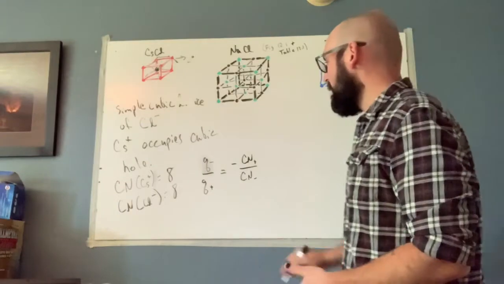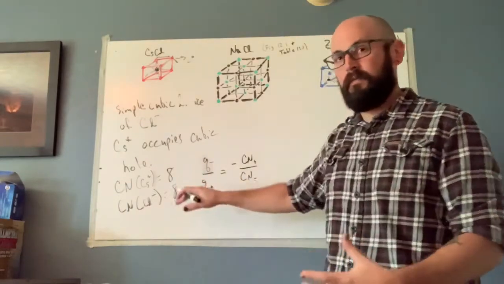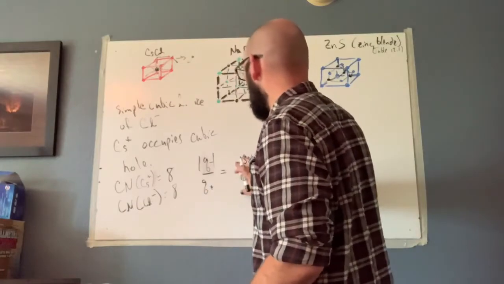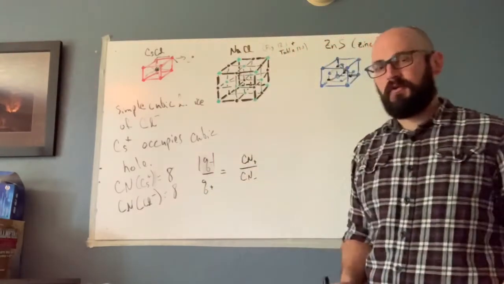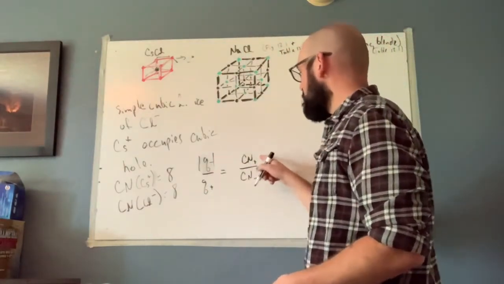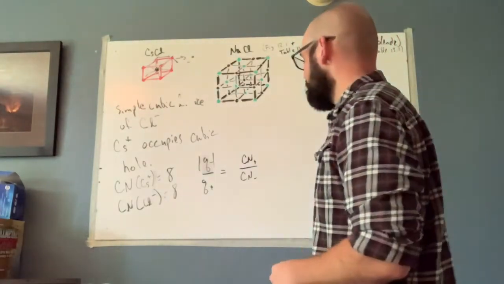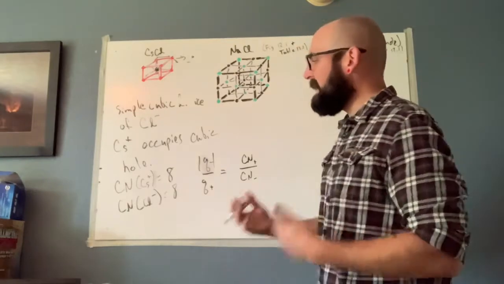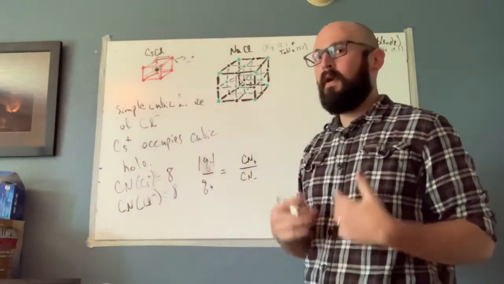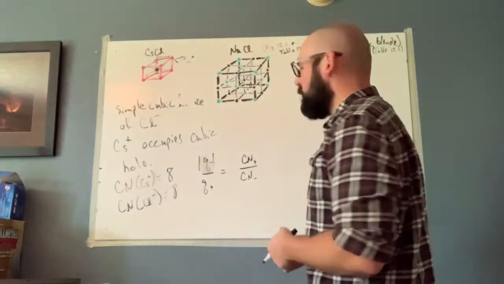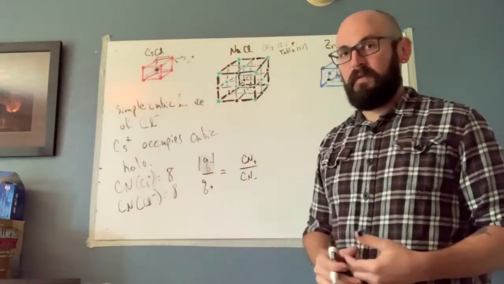Alternatively, you could write this as just the absolute value of the charges. So the magnitude of the charge on our anion divided by the charge on our cation is equal to the coordination number of the cation divided by the coordination number of the anion. In this case, we know cesium and chloride are each magnitude of 1 for their charges, so the coordination numbers must be equivalent to each other.